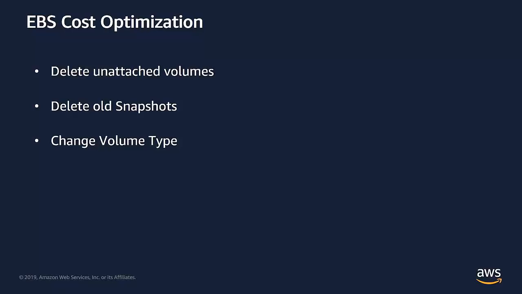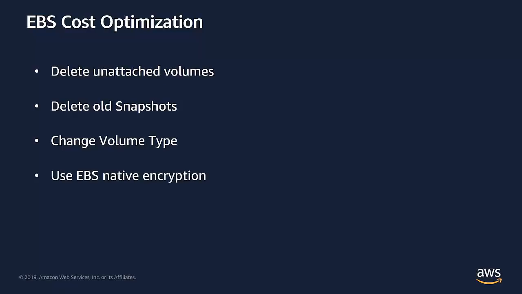Third, you can reduce costs by changing the volume type. For example, you might have an ST1 volume that's no longer accessed as frequently as it used to be. By changing to an SC1 volume, you could reduce your monthly charges significantly. EBS Elastic Volumes makes it easy to change the type of volume.